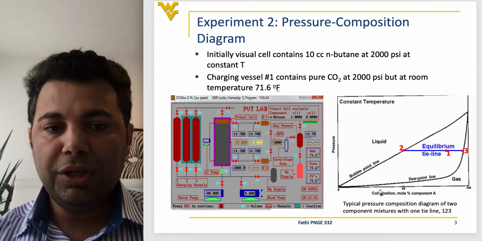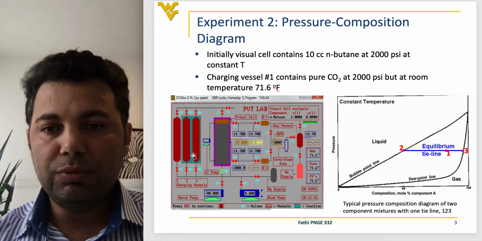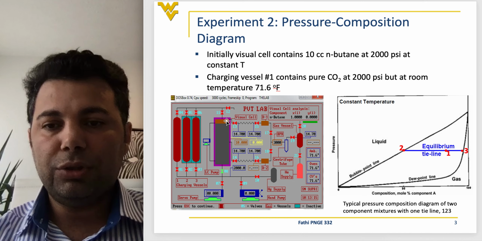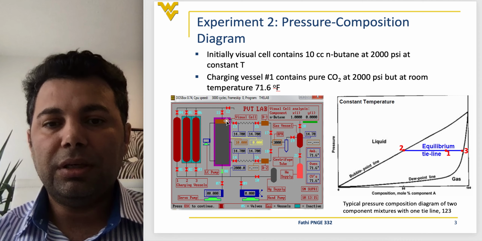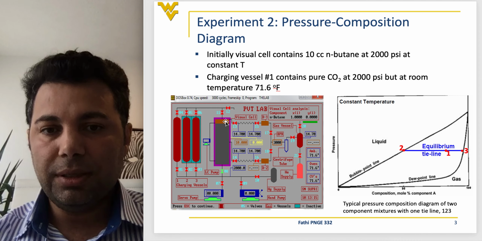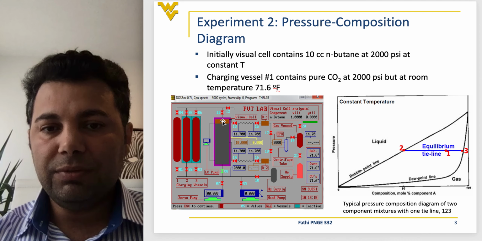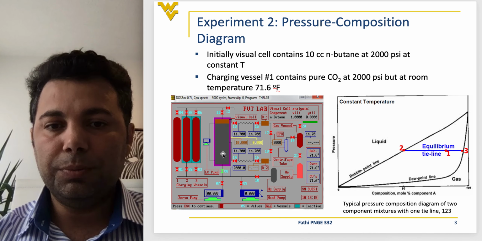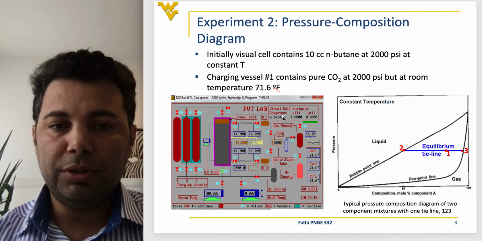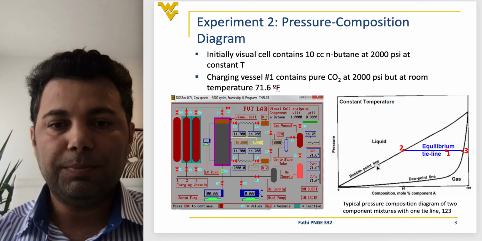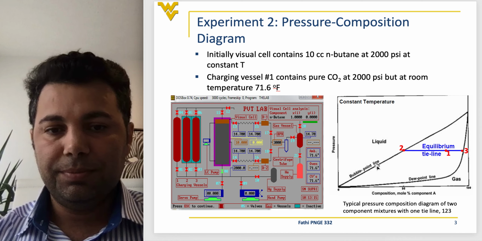Here we will have the percentage of the CO2. We are going to add the CO2 and generate a mixture of 10% CO2, 20%, 30%, and all the way to 90% CO2 in this visual cell. Every time we generate a mixture, we are going to find its bubble point, and right at the time we find the bubble point, we are going to use the gas chromatograph to get the information required.